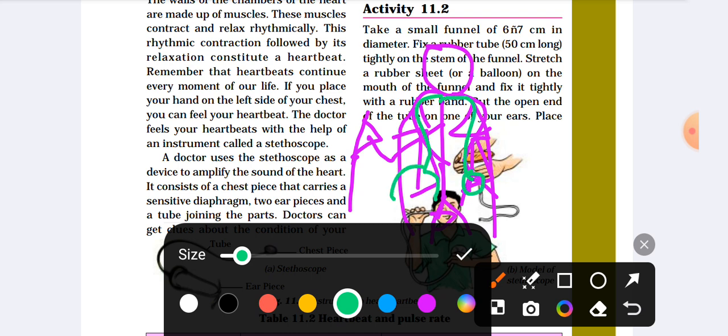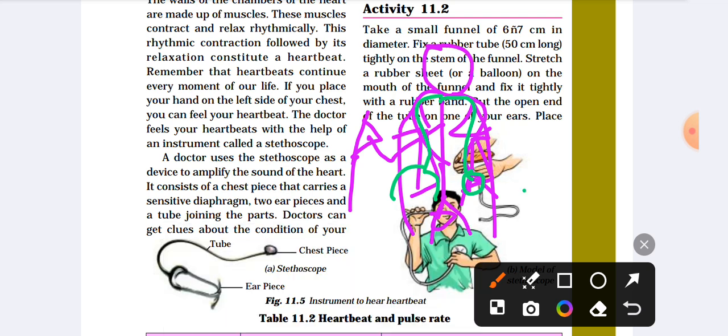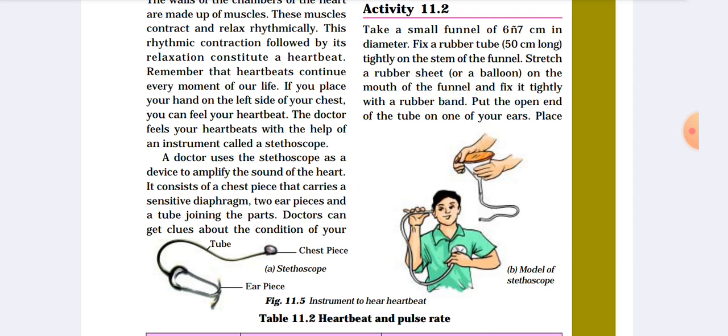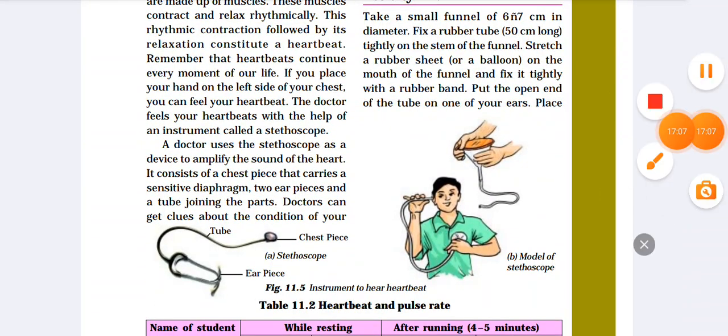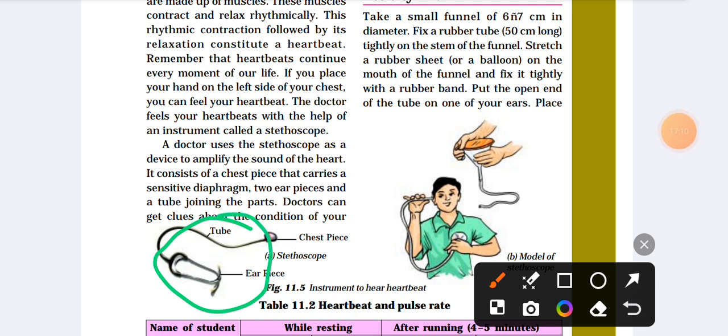Am I right? Yes, this is what we imagine when we hear of the doctor. Why is it so? This is because an instrument called the stethoscope is always or almost always present around the neck of a doctor. This stethoscope is used to test the heartbeat of an organism.